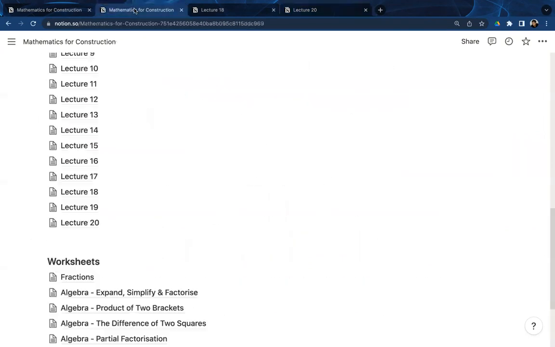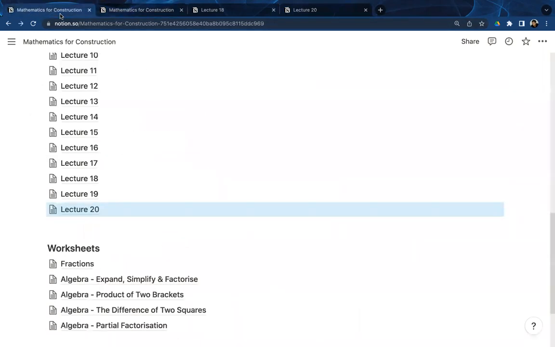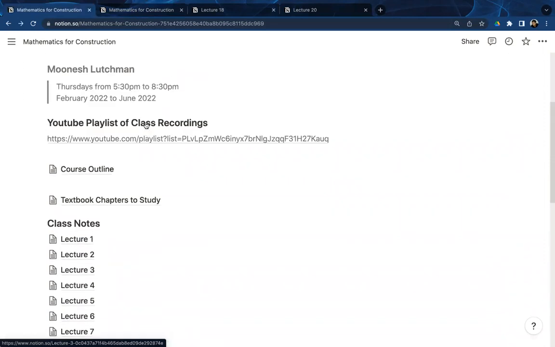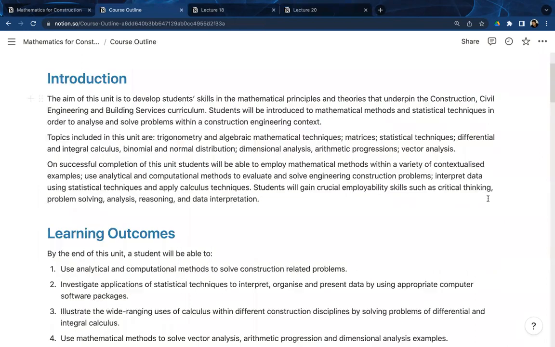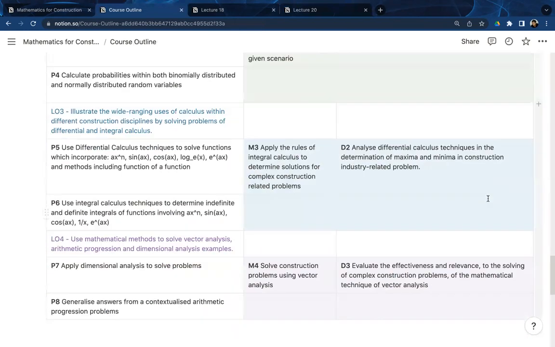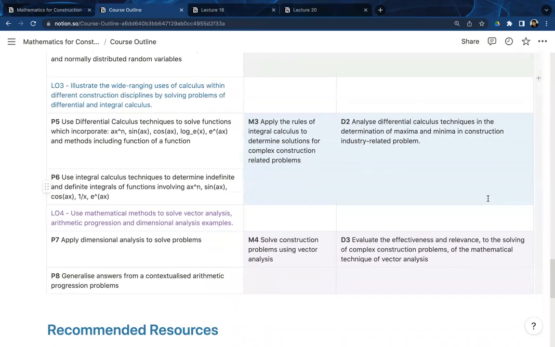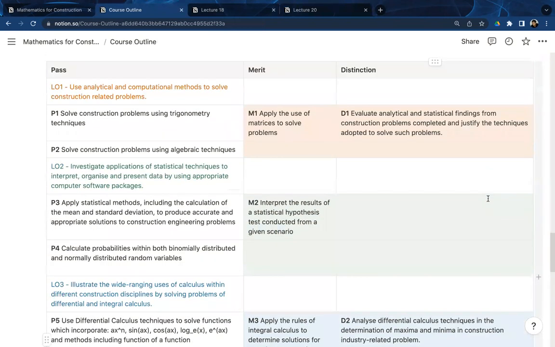Let's check our syllabus and see where we are. So we have the course outline, right? So what we're able to do so far, we do everything in P1. This is statistical findings.